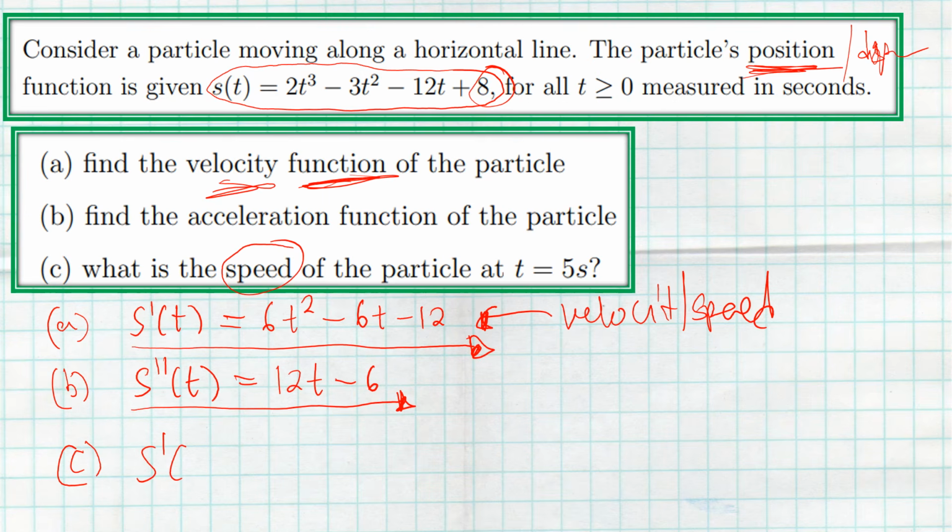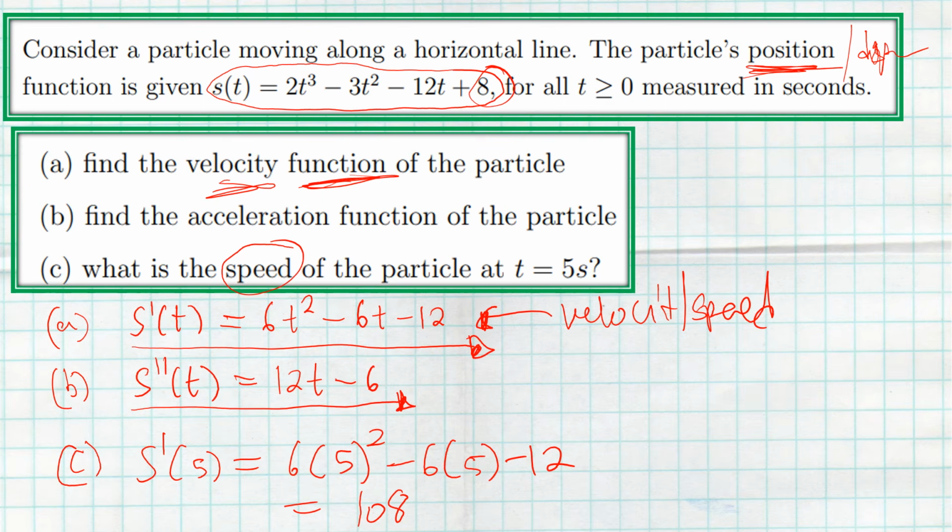By 5 in order to calculate that velocity or speed when t is equal to 5. So it's going to be 6 into 5 squared minus 6 into 5 minus what? Minus 12. Then we can just quickly punch the calculator to get the answer of that. So on my calculator, I'm getting 108, right? So it's going to be 108.